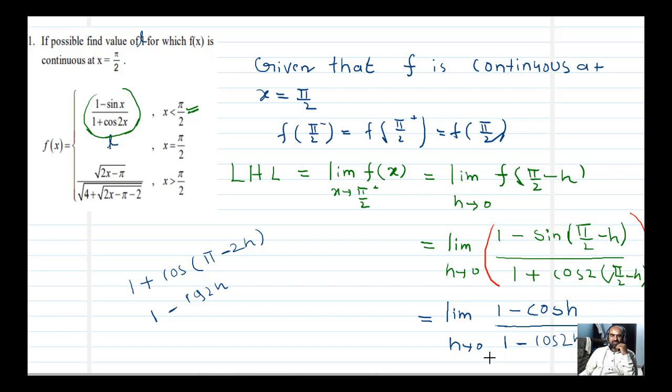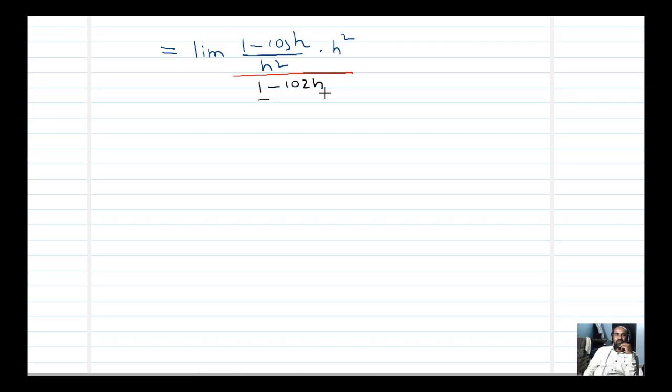Okay students, so next page I will write. It is equal to the limit of (1 minus cos h) by h square. I want to get the standard result, that is half only, so multiplied and divided by h square, and for (1 minus cos 2h) by 4h square, multiplied by 4h square.